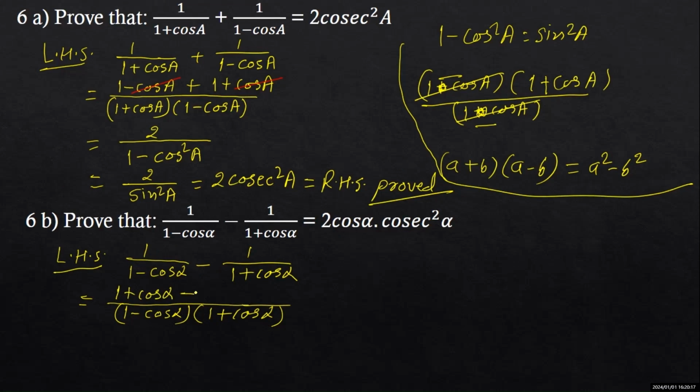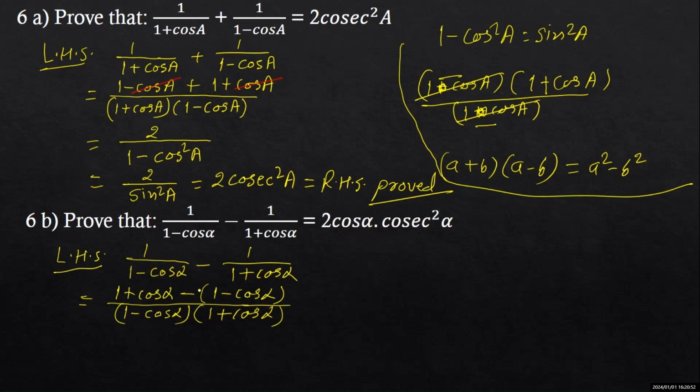But there is minus. If there is minus, minus changes the sign. So because of changing sign, we'll put a bracket here. Then divide the common denominator by the second denominator. 1 plus cos alpha and 1 plus cos alpha will be cancelled, and there will remain 1 minus cos alpha. 1 minus cos alpha into 1 is 1 minus cos alpha.